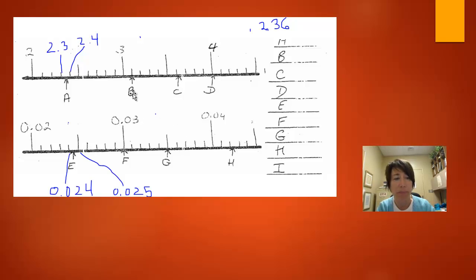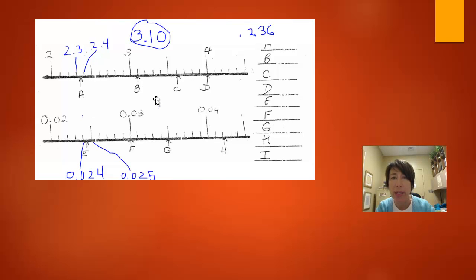Now let's look at B. This arrow looks like it is exactly on 3.1. If I were to write 3.1, that would indicate that my point 1 was estimated. And it's not estimated because that point 1 is a tick mark on this measuring device.